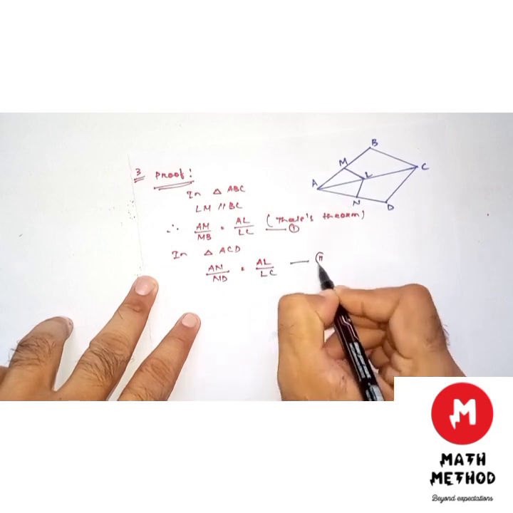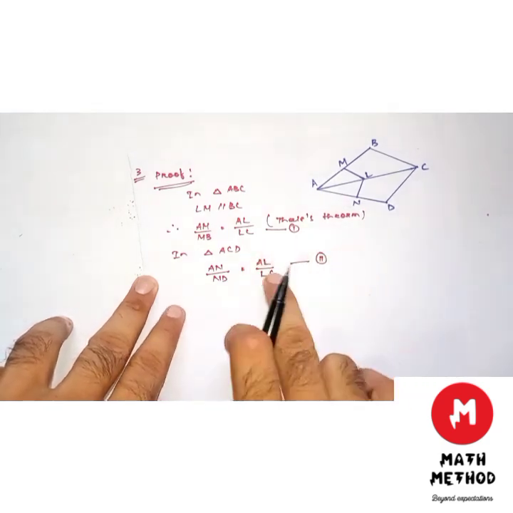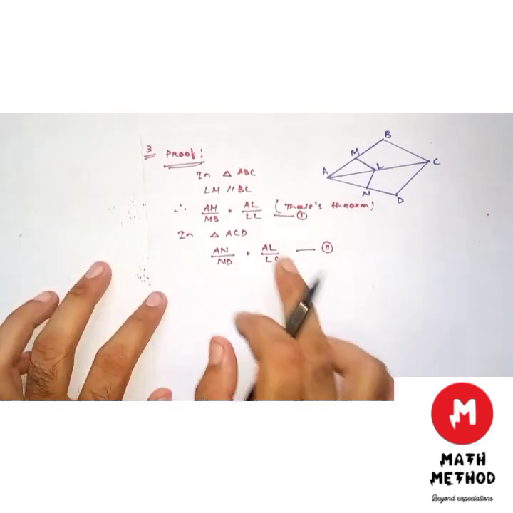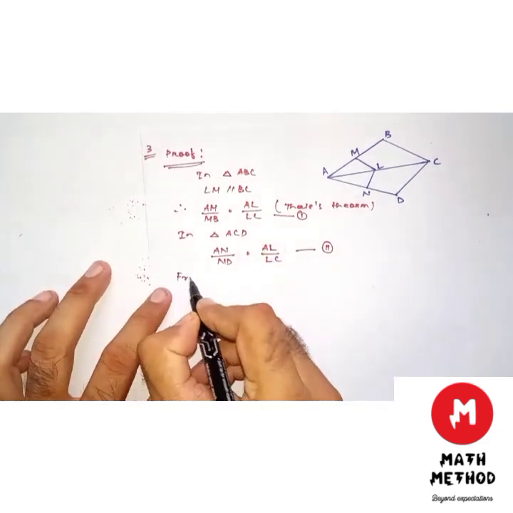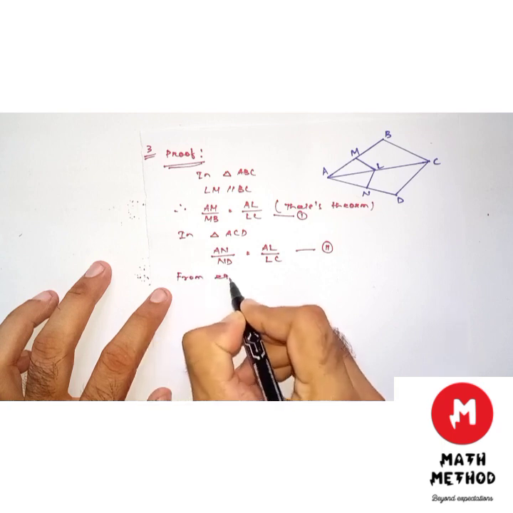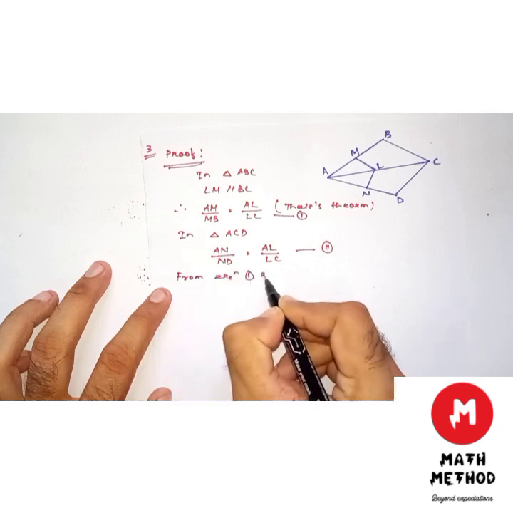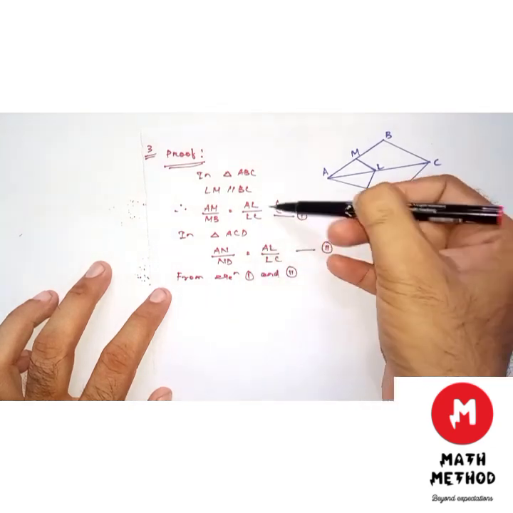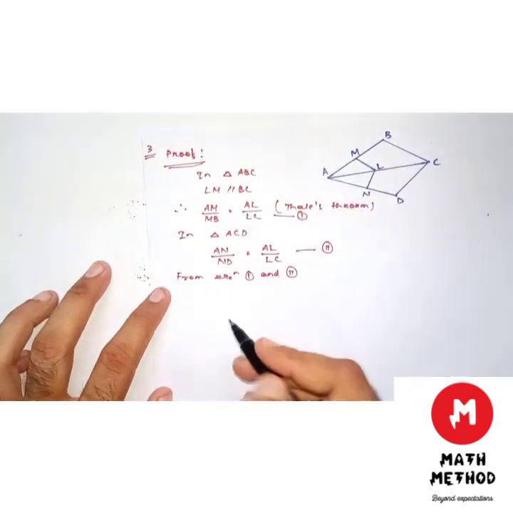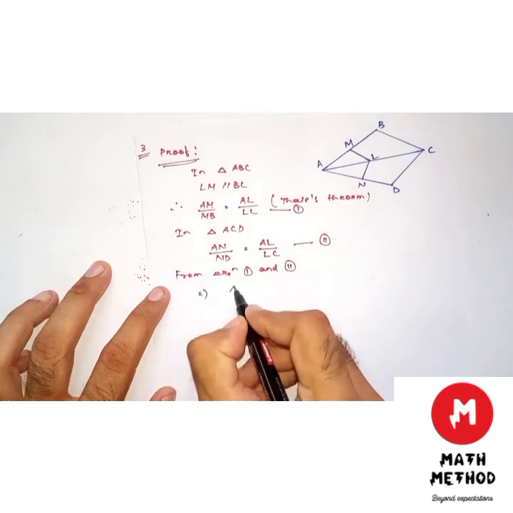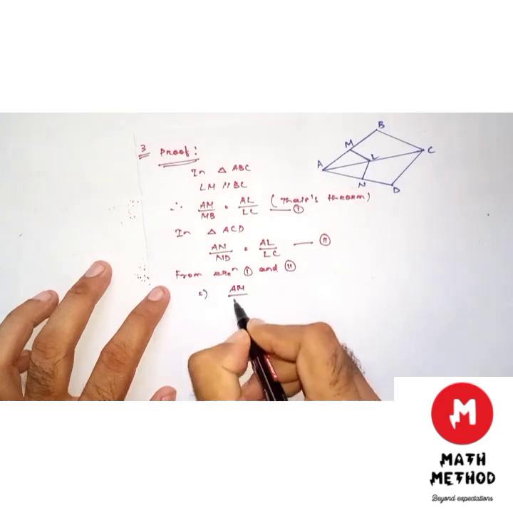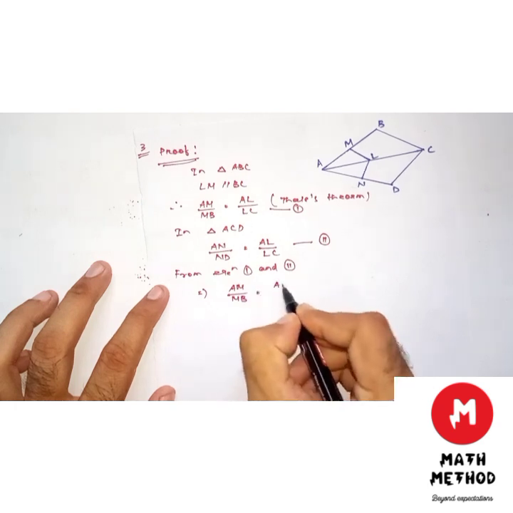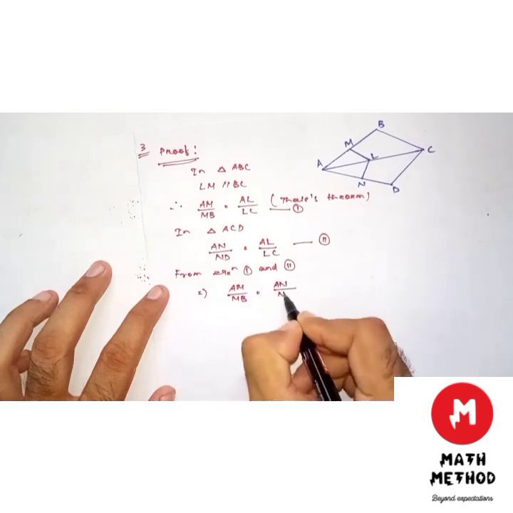This is our equation number 2. So this is again by Thales' theorem or basic proportionality theorem. Now from equations 1 and 2, both RHS are equal, therefore LHS will be equal, implies AM upon MB is equal to AN upon ND.